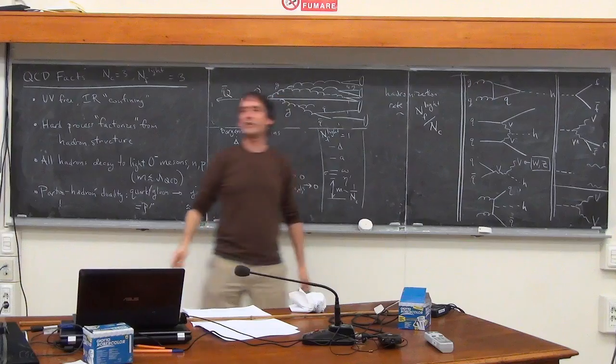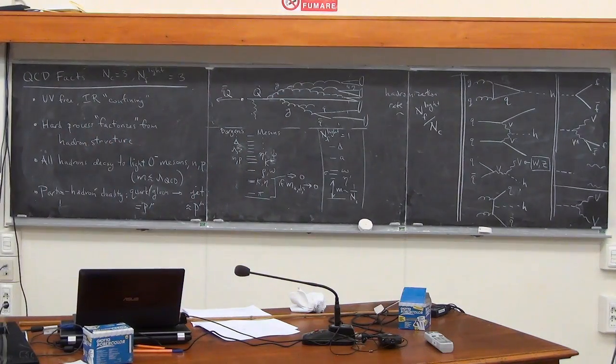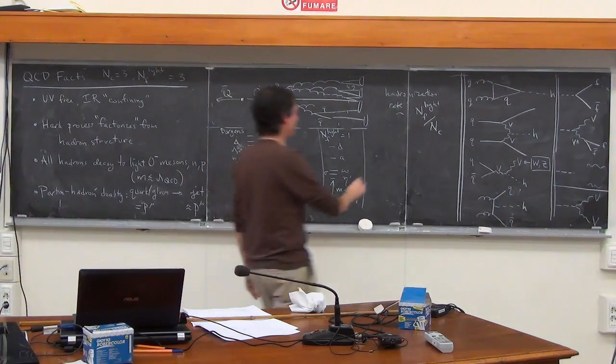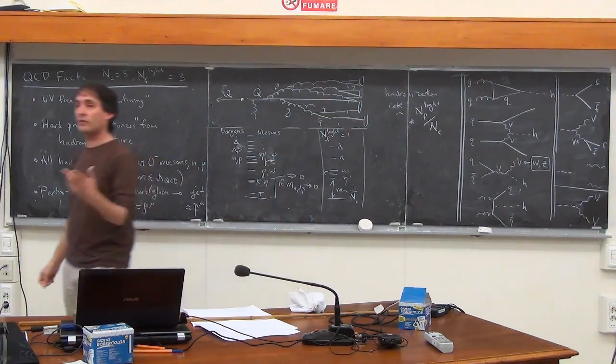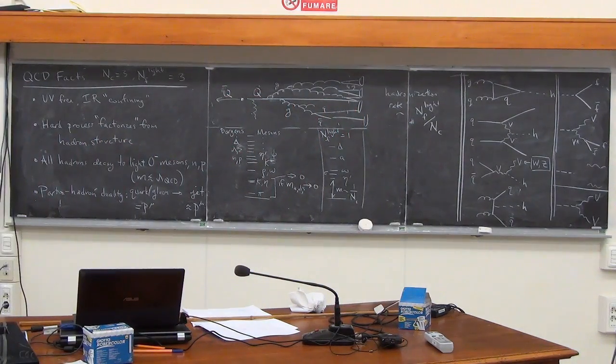And it has a 1 over NC. Now, this is just the parametric dependence. I don't know what coefficient goes out right here. But I can tell you that if I kept the number of light quarks fixed at 3 and I took the number of colors to be very large, the hadronization rate would slow down.